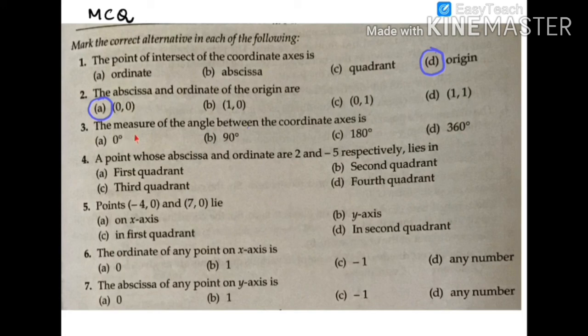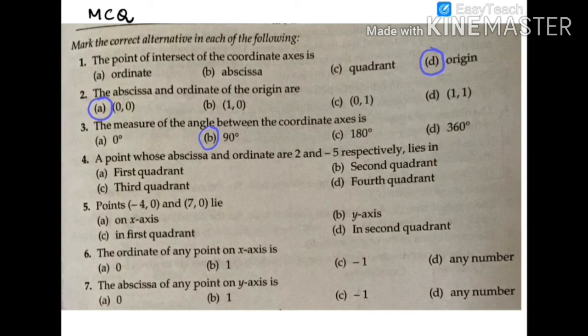Third question, the measure of angle between the coordinate axes is. Since the x and y axes are intersecting at right angles, the angle between these two axes will be 90 degrees. Fourth question, a point whose abscissa and ordinate are 2 and minus 5 respectively lies in.